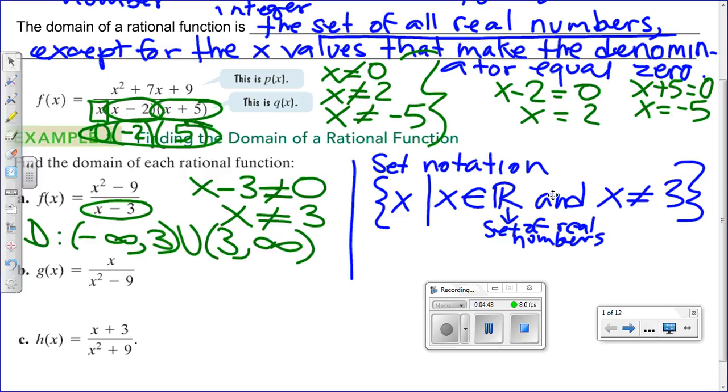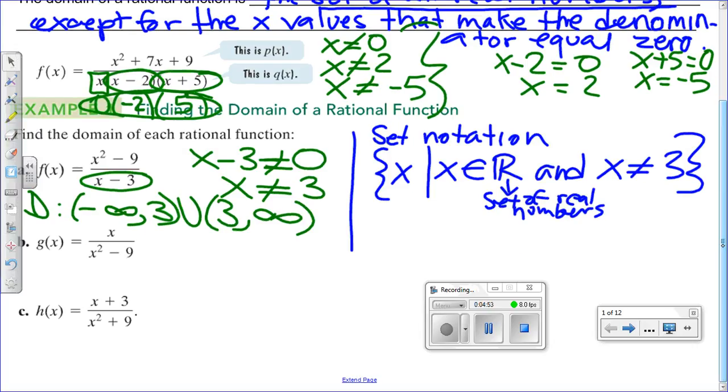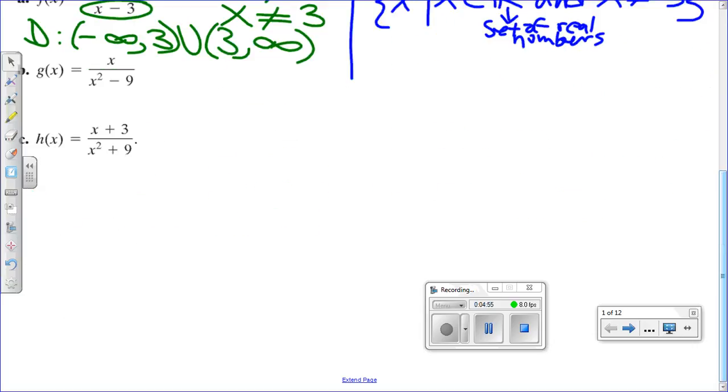The reason that we do that is because if we get the parent function, which we will in a minute, for all rational functions, it will be 1 over x. And for this one, we make the exclusion on the domain, we exclude 0, because if you divide by 0, 1 over 0 will be undefined.